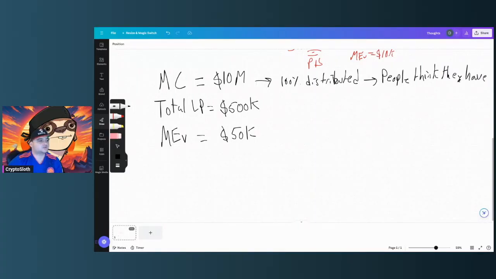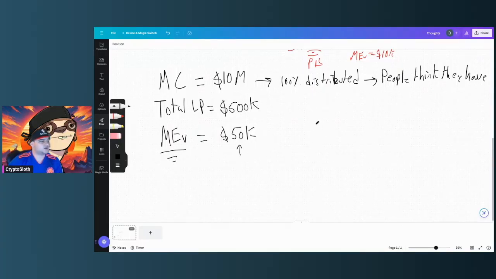So if you added up the value of all of the holders, there's $10 million. Now, total LP, if you looked on Dex Screener, says 500K. If you're just looking at that number, you're like, okay, $500,000 relative to this 10 mil, that's maybe not so bad, but it's not super great. But if we take a deeper look into the maximum extractable value, this is only 50K.